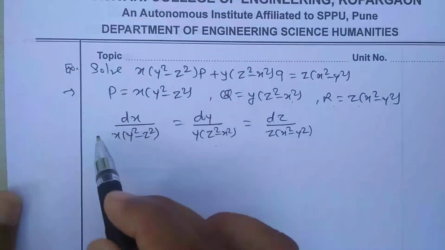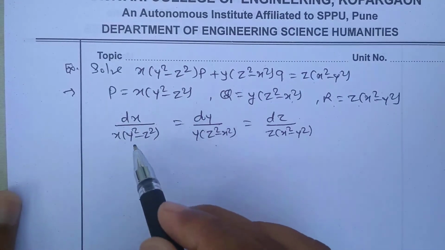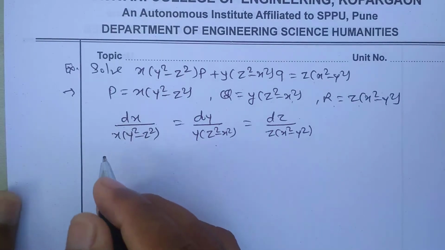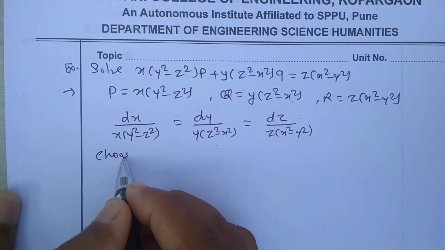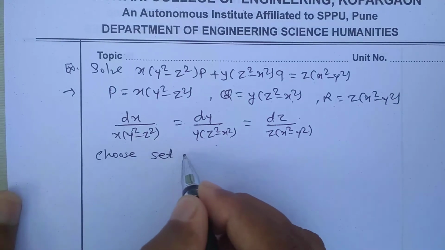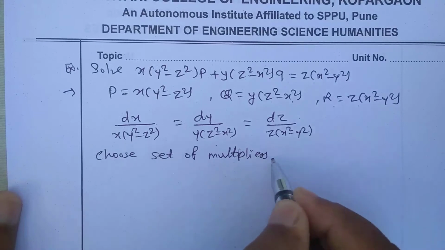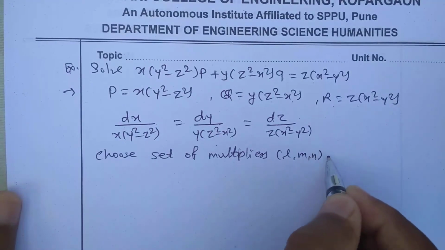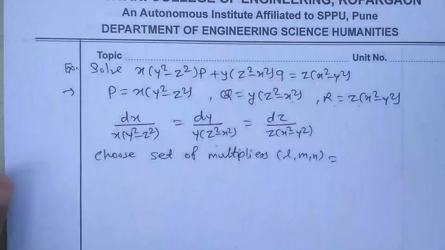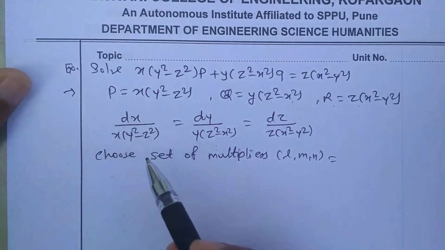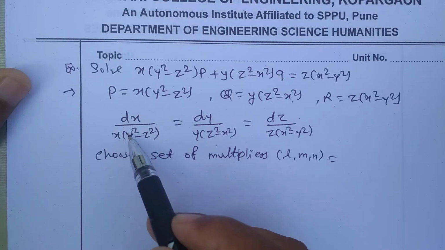Now we have to solve this differential equation, and we are unable to solve it by using the grouping method. So you have to use the method of multipliers. So choose the first set of multipliers, L, M, N. Just by using trial and error, find the first set of multipliers. See here, inside the bracket all the terms contain power 2.